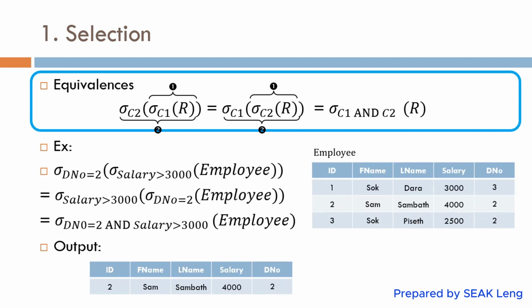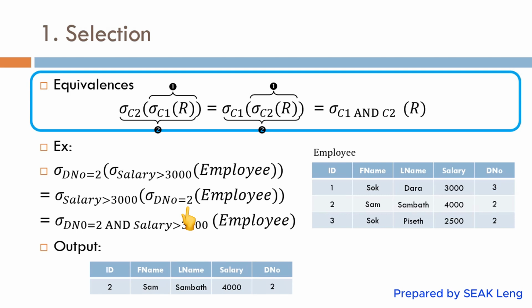Let's see an example. In the example below, the three different ways will result in the same output. In the first expression, the condition salary greater than 3,000 is checked first, and the tuples that satisfy salary greater than 3,000 are then selected to be checked against the condition dnum equal to 2. In the second expression, we check dnum equal to 2 first.